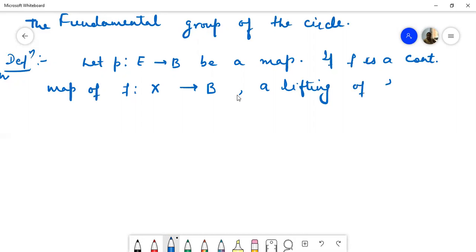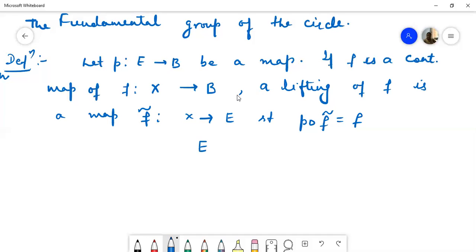A lifting of F is another map, let us say F curl, from the space X to E such that P circle F curl is equal to F. Or we can say this diagram is a commutative diagram.